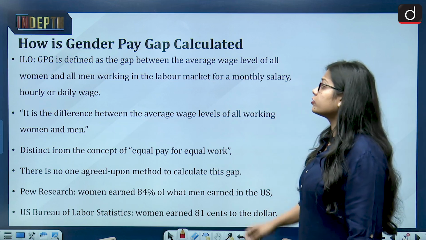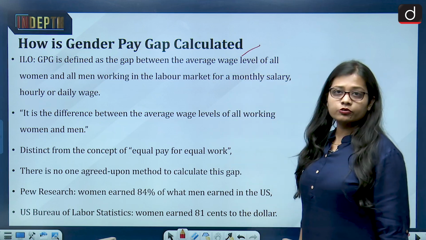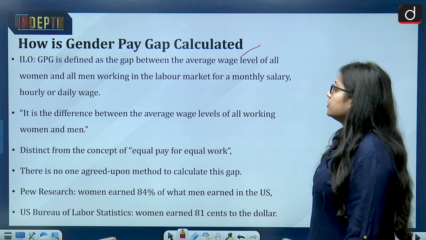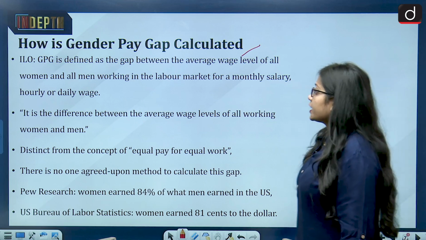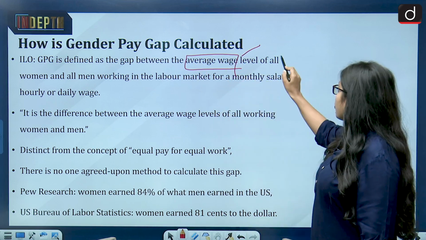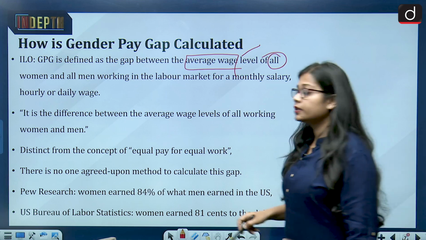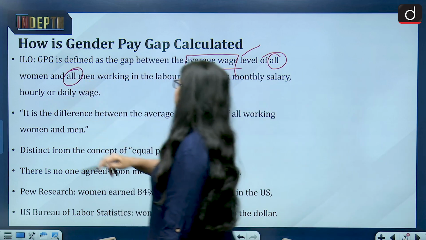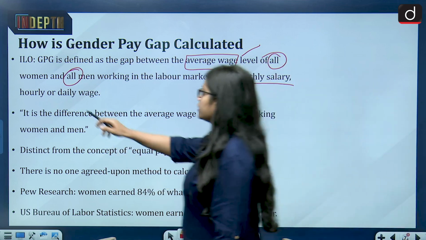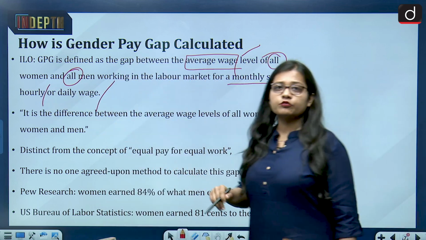Then comes the topic of how the gender pay gap is calculated. According to the International Labour Organization, the gender pay gap is defined as the gap between the average wage level of all women and all men working in the labor market, for a monthly salary, hourly or daily wage.